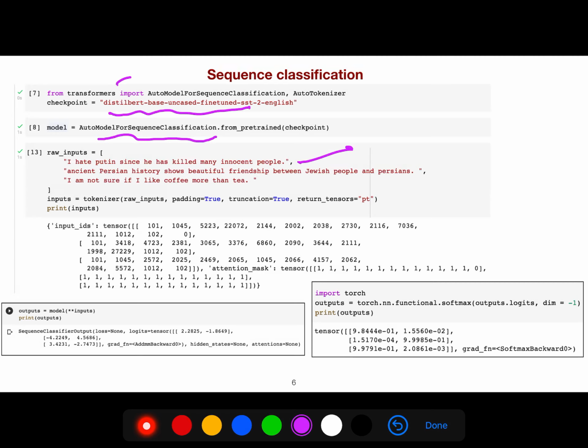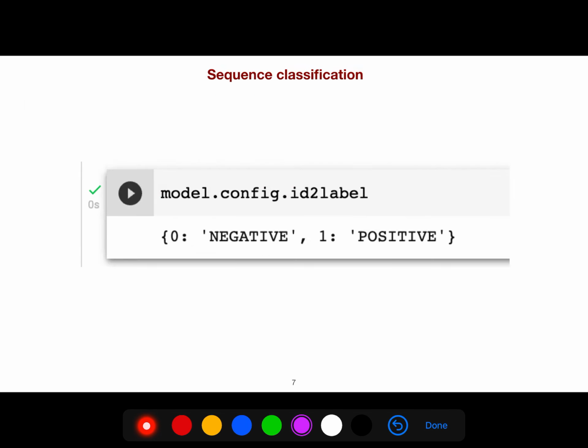The logits are just numbers, so you apply softmax to normalize and scale them in order to get the outputs. The probability of the first one being negative is very high.